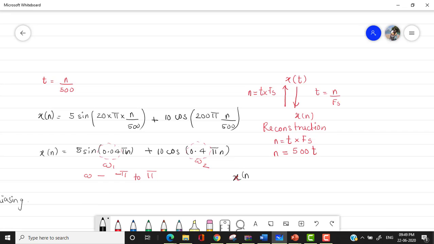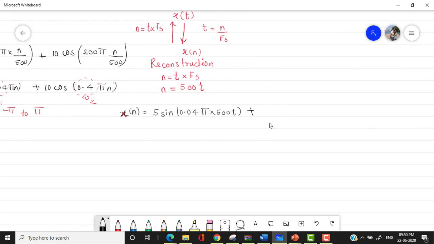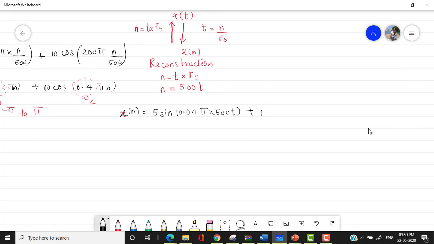x[n] is equal to 5 sine of 0.04 pi, and instead of n I have to write 500t, plus 10 cos of 0.4 pi into 500t.